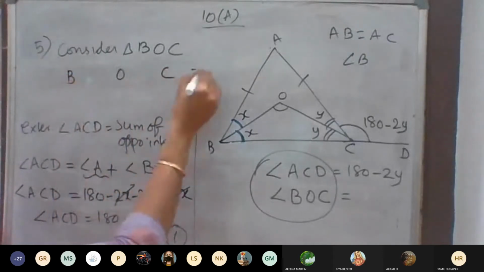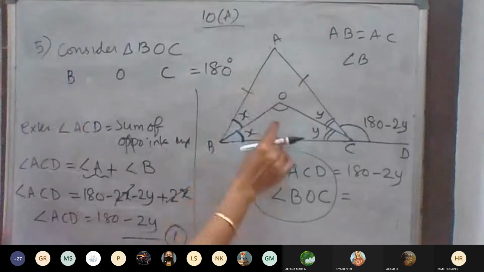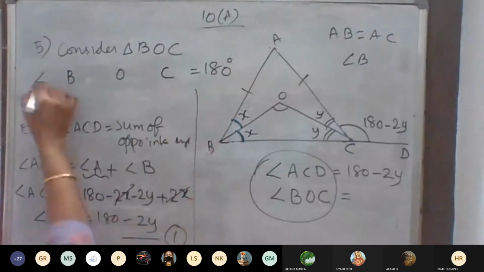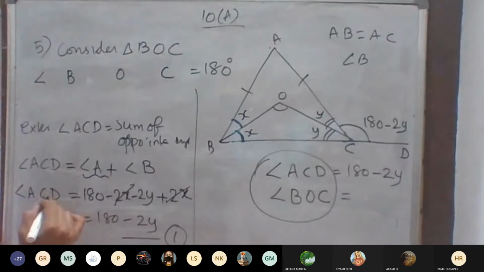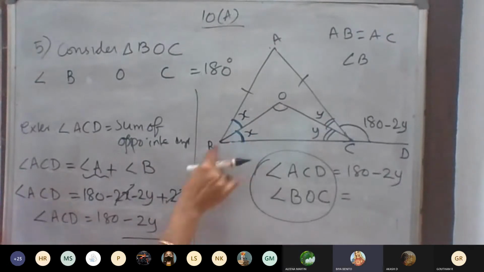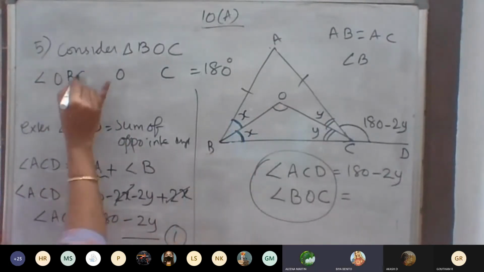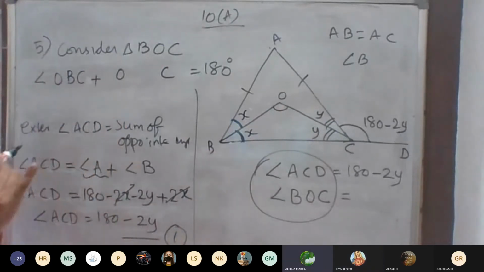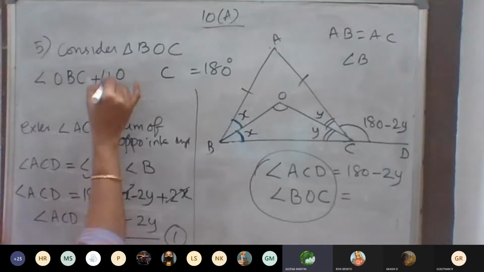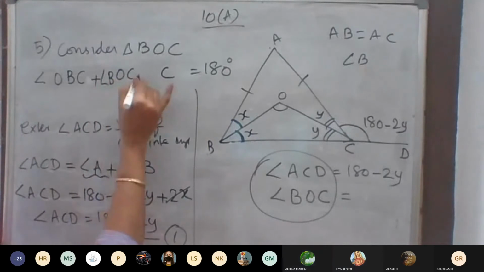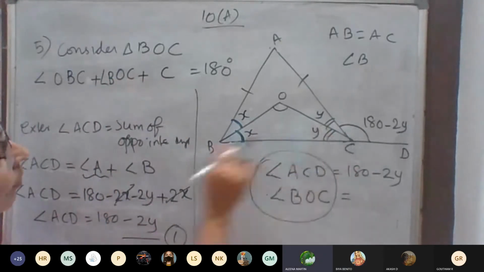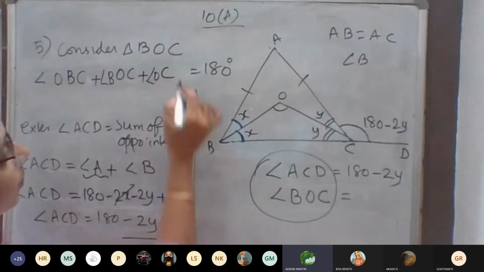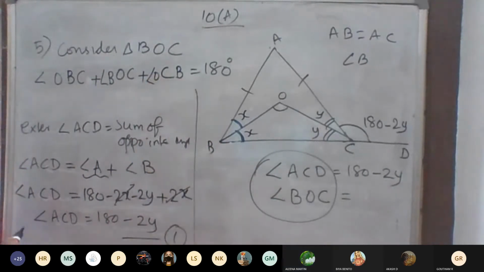You have to write the vertices. Angle OBC plus angle BOC plus angle OCB is equal to 180 degrees.